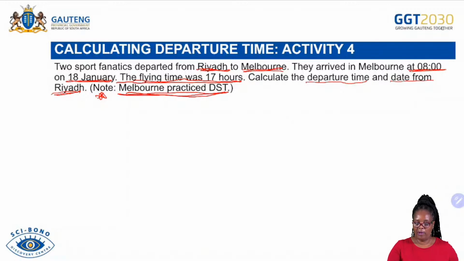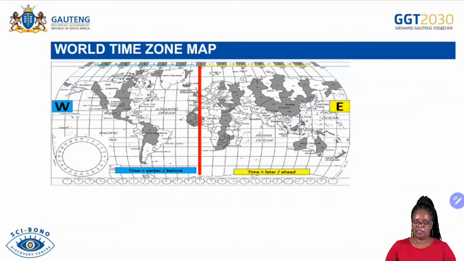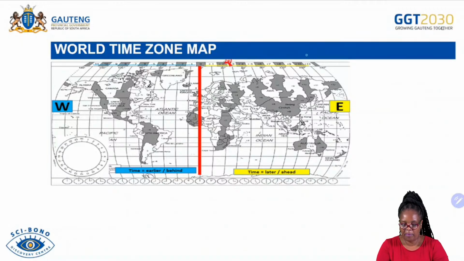You go to our map, you identify the two places, Melbourne and Riyadh. This is our map. Then Riyadh is at +3. And Melbourne is at +10. There it is, Melbourne +10.